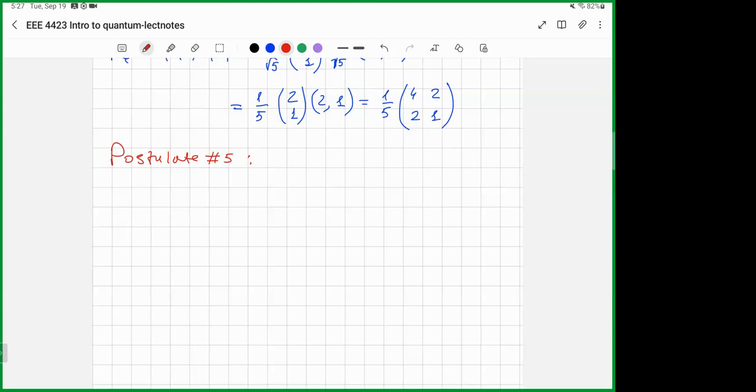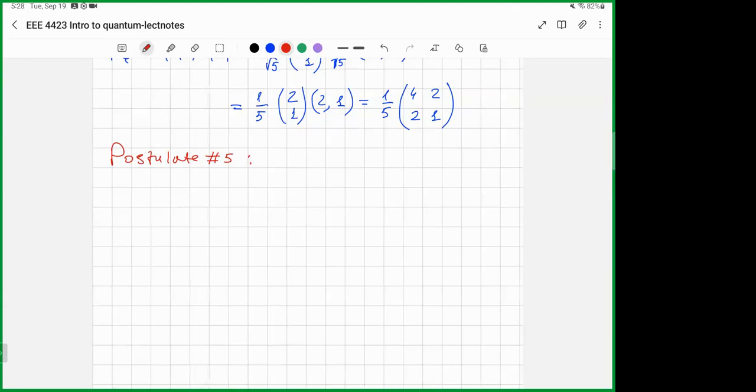If you do this measurement many times and you average the result, you will get the average result of the measurement, and we will call this result an expectation value.